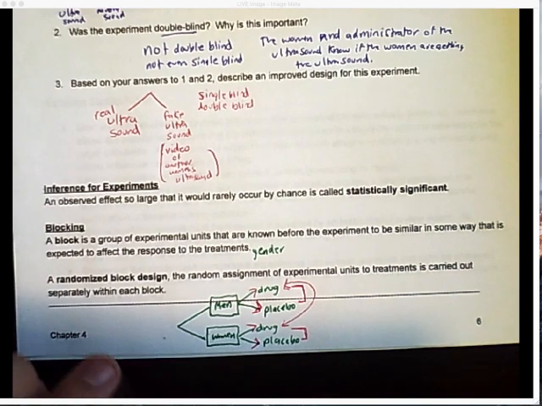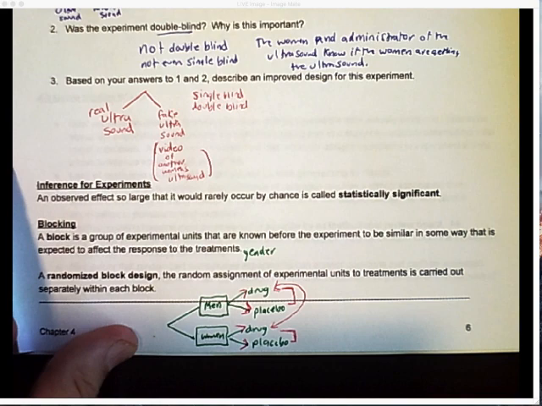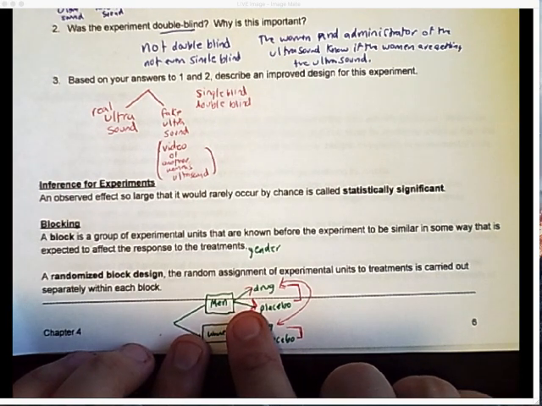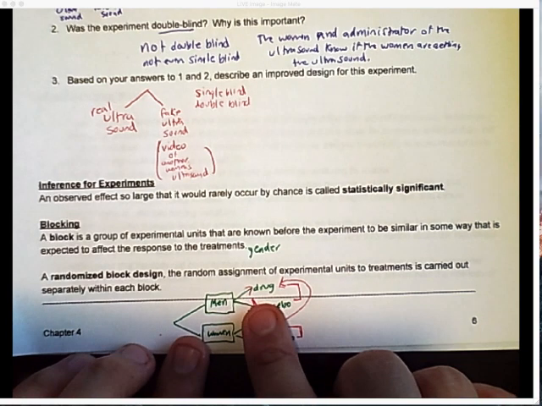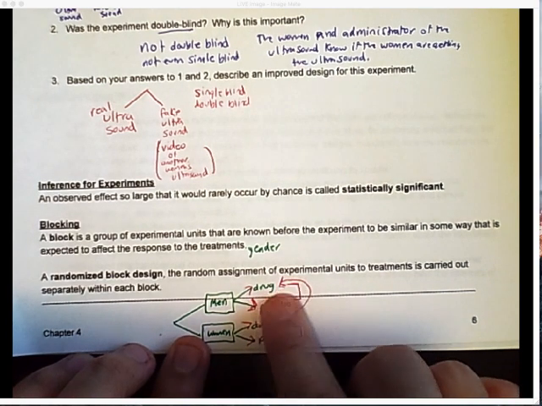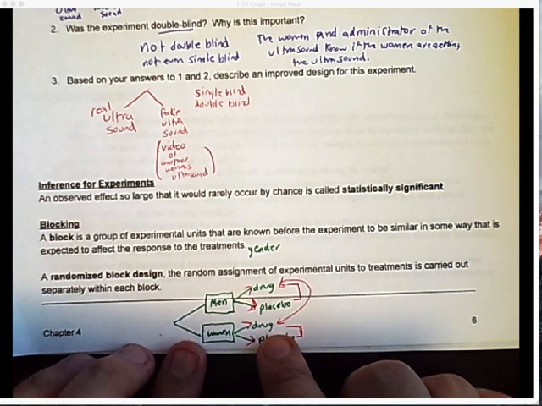You can block by multiple things. So in a randomized block design, the random assignment happens within each block. Here's where the random assignment occurs for the block of men. Here's where random assignment occurs for the block of women.